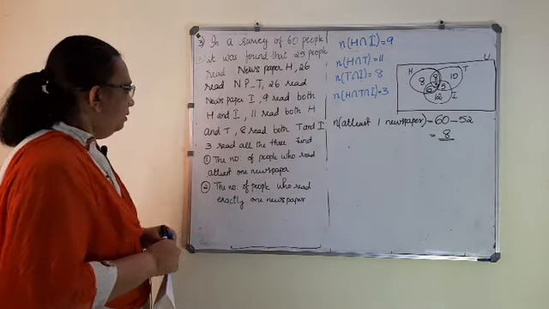Plus how many read only I? 12. So what is the total? 8 plus 12 is equal to 20. 20 plus 10 is equal to 30. So out of 60, 30 read exactly one newspaper.